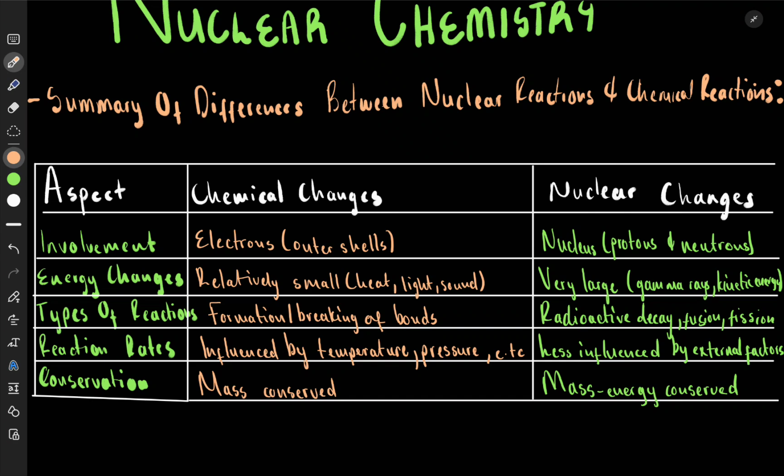In nuclear reactions, when we combine the mass and energy of the reactants, it is going to be equal to the mass and energy of the products. So we say mass-energy is conserved, which is the sum of mass and energy. But if you combine the mass alone of the reactants, it is not going to be equal to the mass of the product.